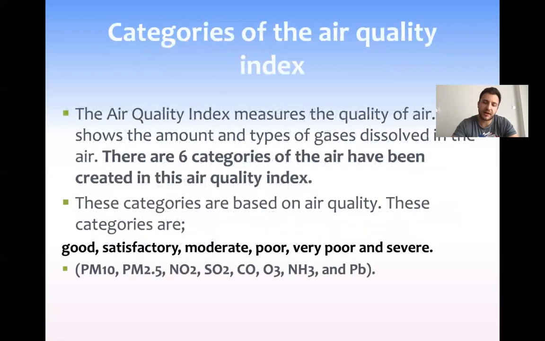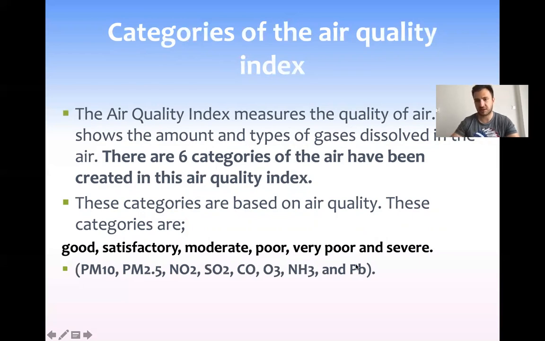So there are also other indicators. As I said, there was PM10, and there is another indicator called PM2.5. This is the same one, but the level is 2.5, not 10. Then NO2, SO2, CO, O3, NH3, and Pb.